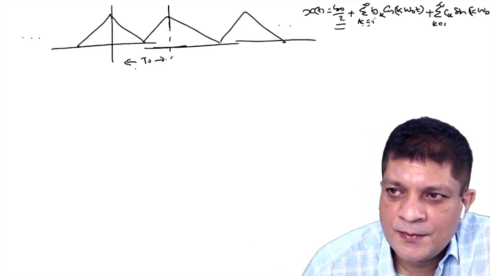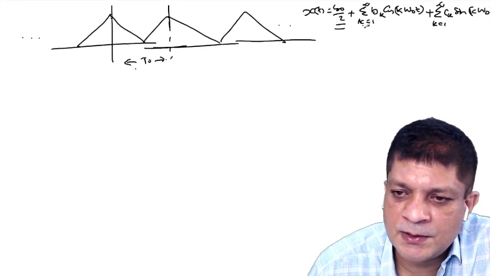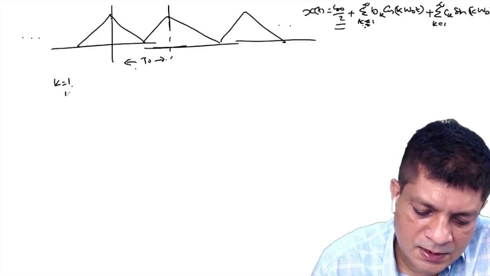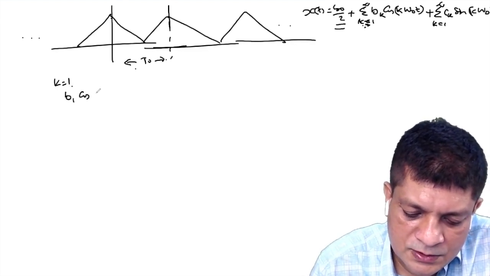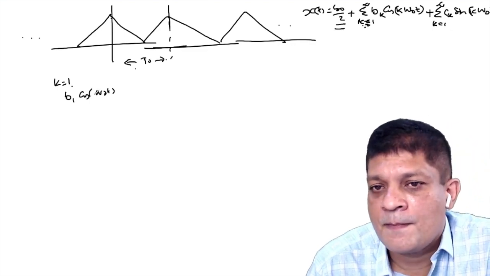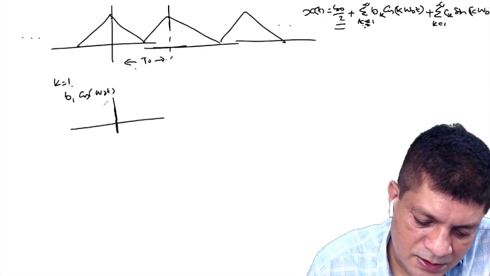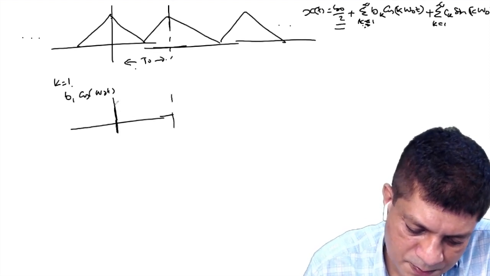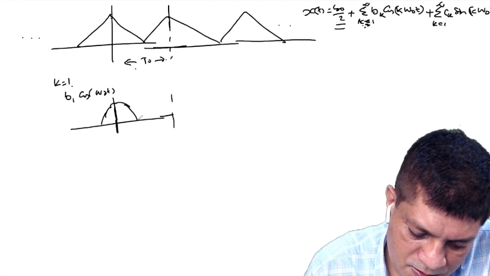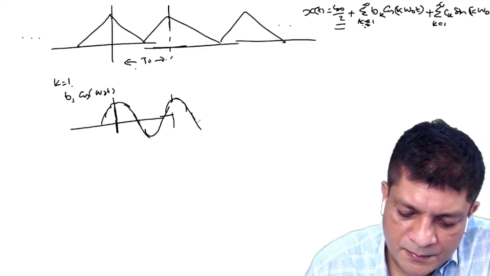When k is 1, the term is b1 cos(omega naught t), scaled by b1.